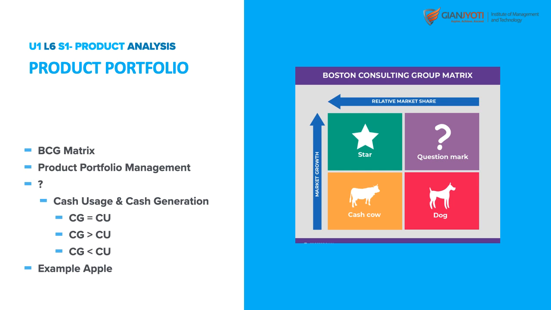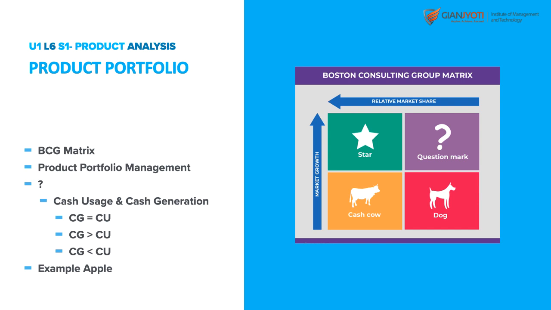That is the yellow one, which we call the cash cow. And the last one, where everyone would like to put the product, is star, where the market is growing and your share is also growing. That is the scenario. We want to take all our products to the star status.